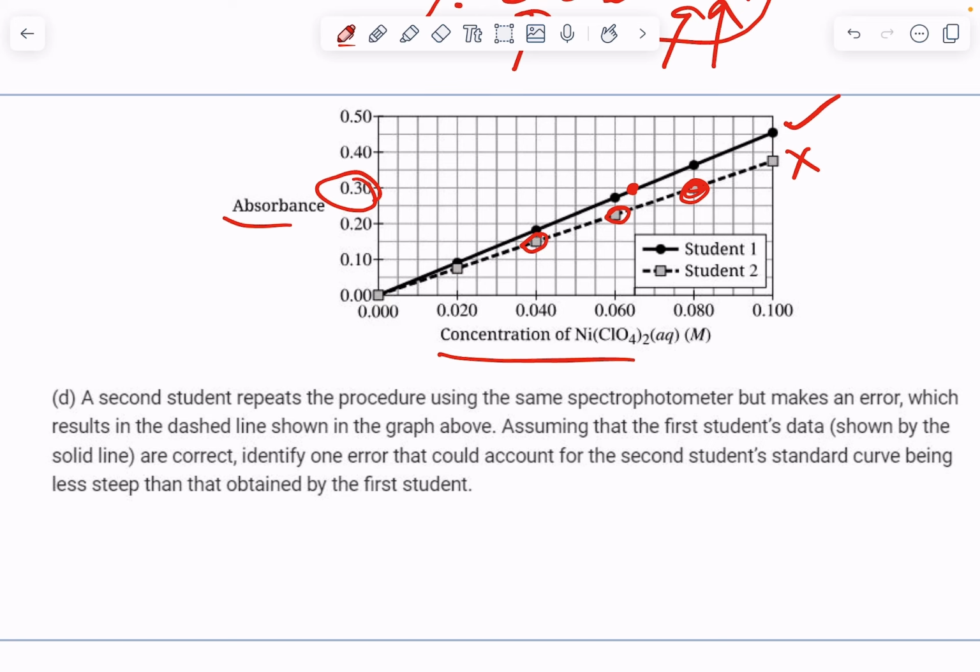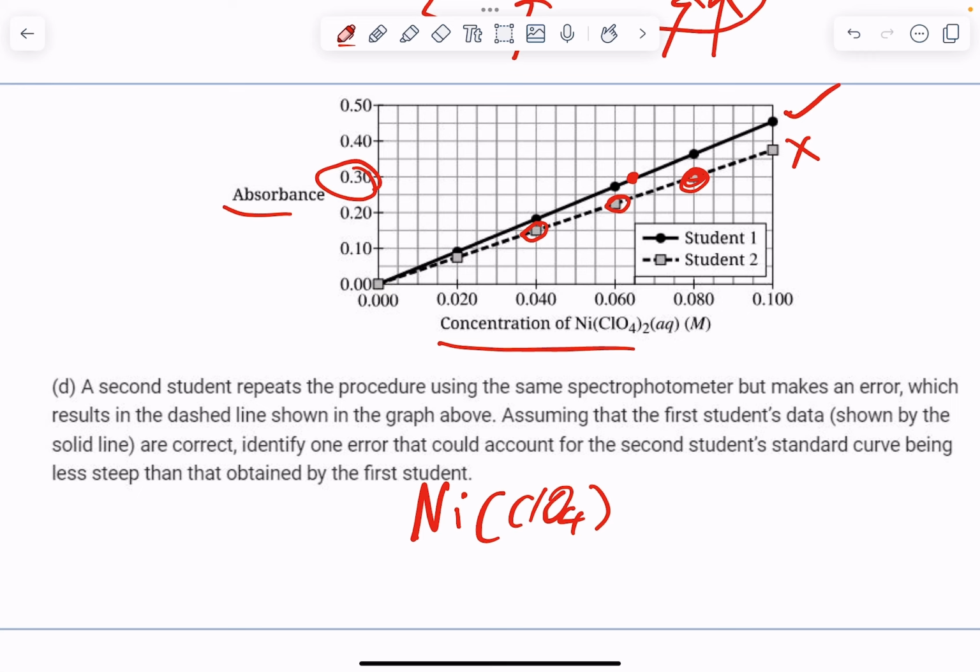That means we have too much nickel perchlorate in our sample compared to the original solid line. So when we talk about our error, we need to say the concentration, so the molarity, is too high, and a possible error is that there's too much nickel perchlorate in that sample, as opposed to the solid line.